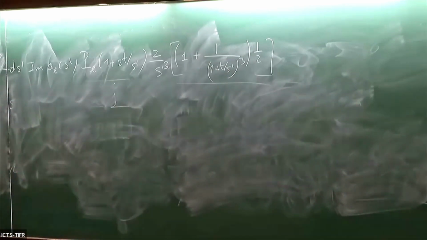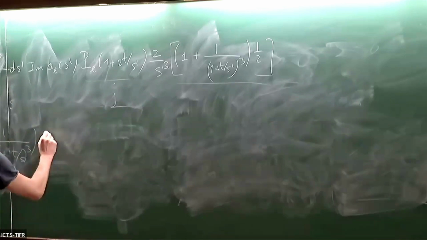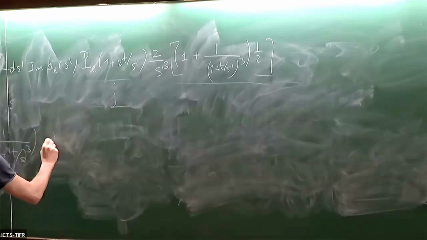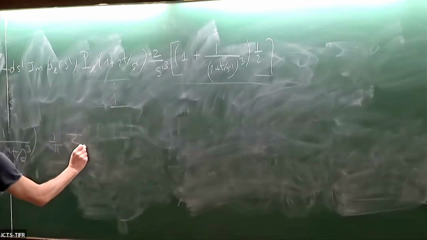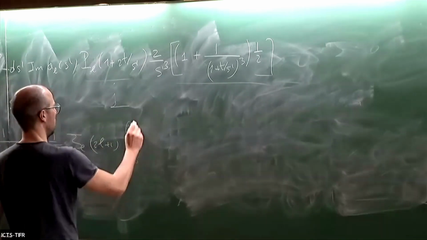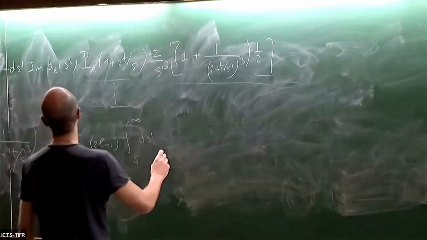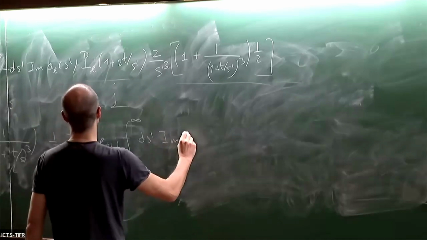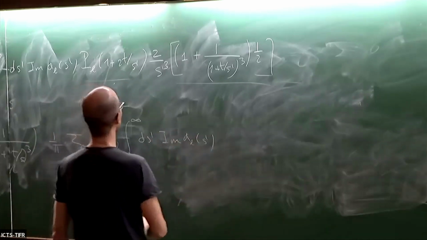So what I get is that at s prime equal s pulled out, and then the rest is over pi, sum over n plus 1, s infinity, ds prime, imaginary part, and s prime.